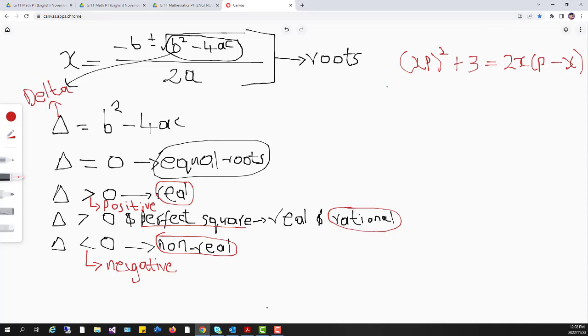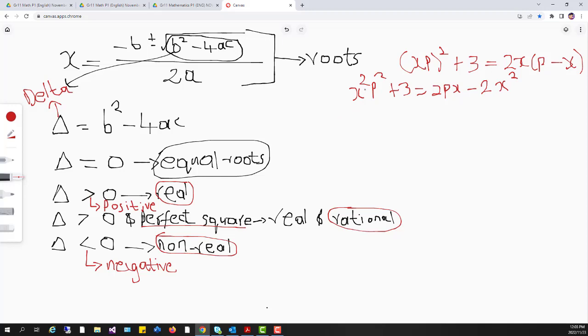So let's multiply out. If we multiply this out, it's going to give us p squared x squared, then we have plus 3. On the right hand side, we're going to have 2x times p, which is 2px, and then 2x times minus x will be minus 2x squared. Then we're going to transfer everything to the left hand side.